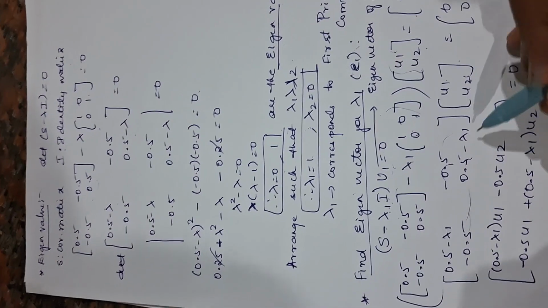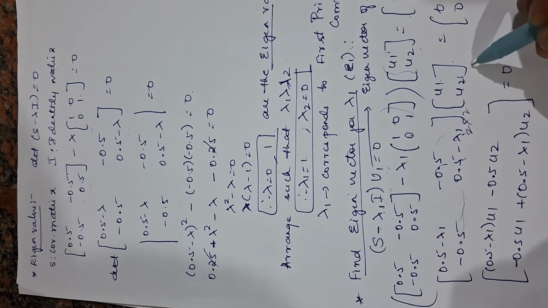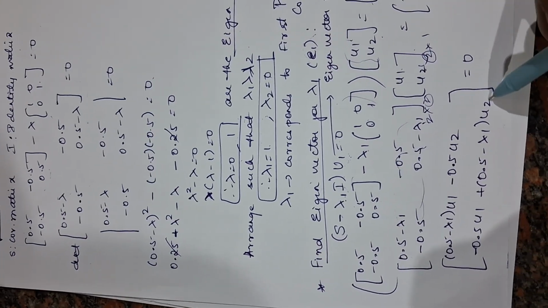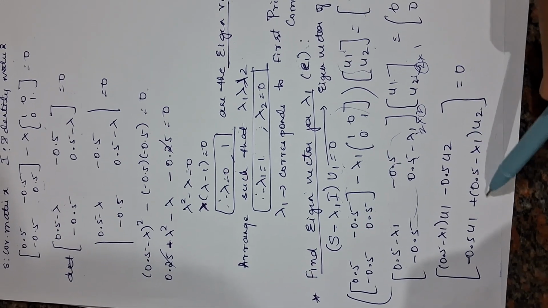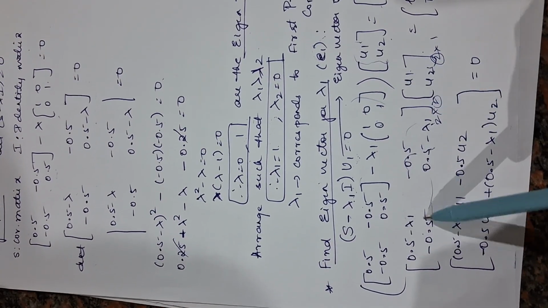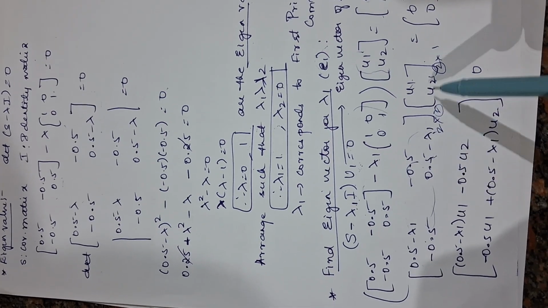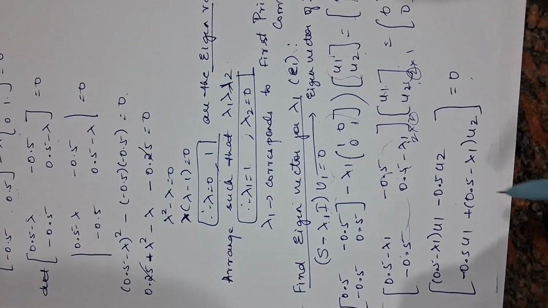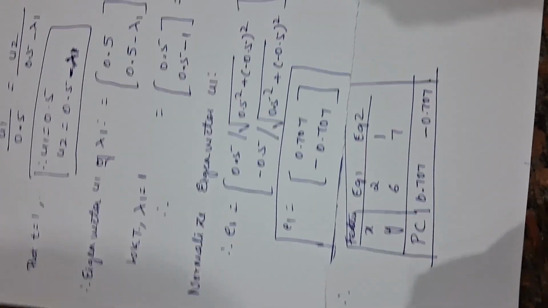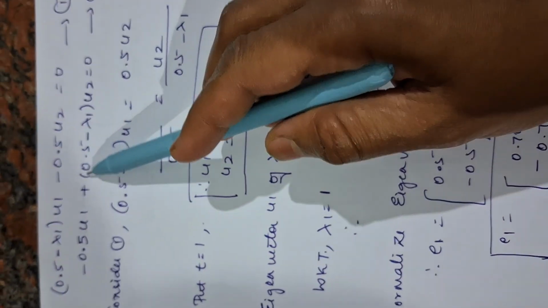This is 2 cross 2 and this is 2 cross 1. So these two are common, and the final matrix I get is 2 cross 1, a 2 rows 1 column matrix. That is 0.5 minus lambda 1 into u1 minus 0.5 into u2 is equal to 0. So this is the matrix I get. Now from this matrix I will reduce it into an equation, like this.